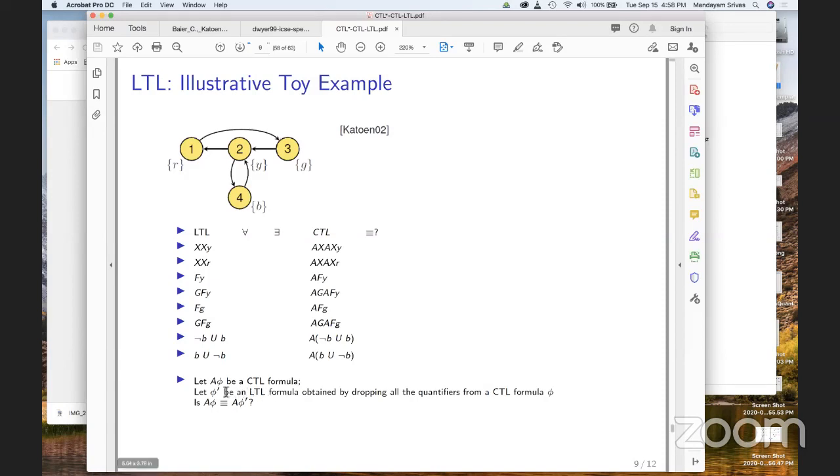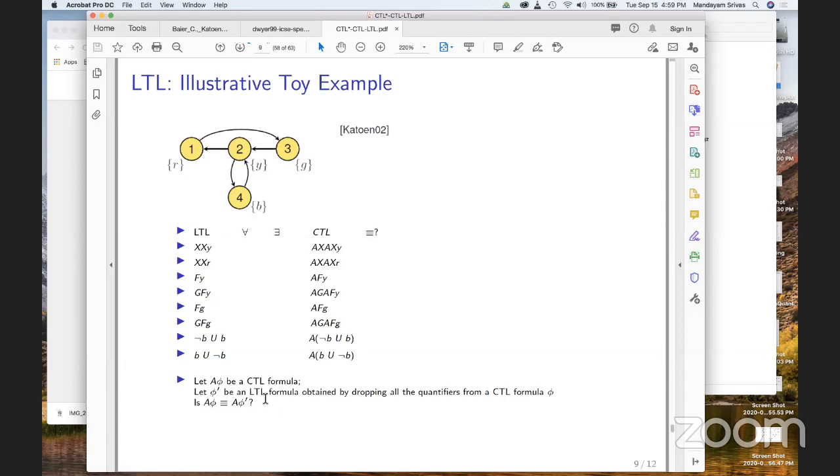Suppose phi is a CTL formula, and you derive phi prime by dropping all the quantifiers in CTL from phi. My question is, then you get an LTL formula, correct?